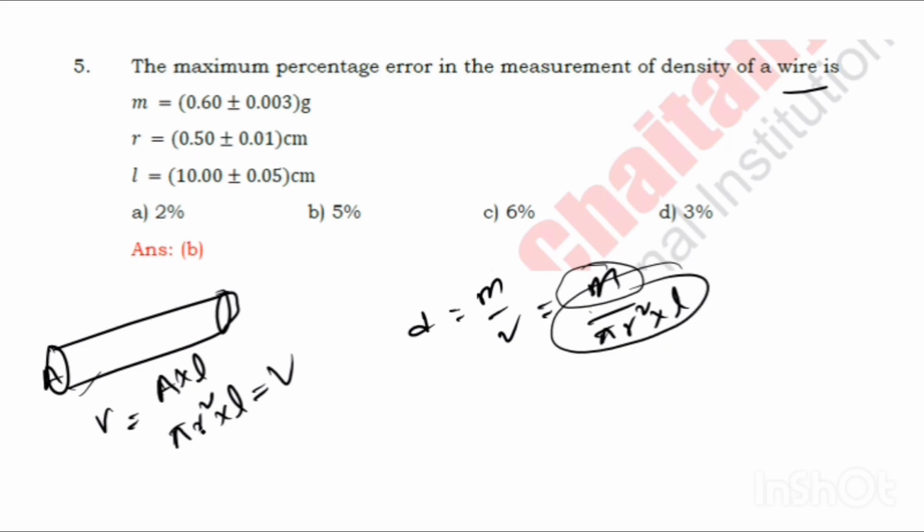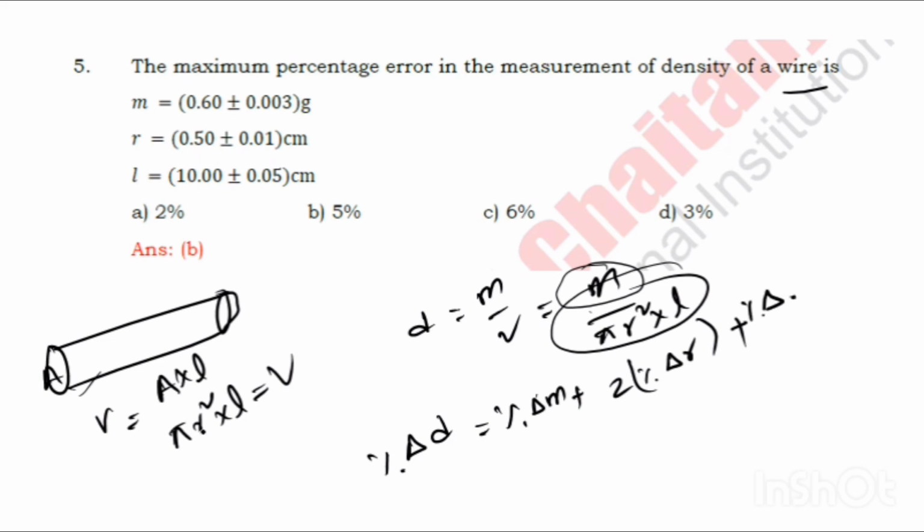So here, percentage error in density is equal to percentage error in mass plus 2 times percentage error in radius plus percentage error in length, right?